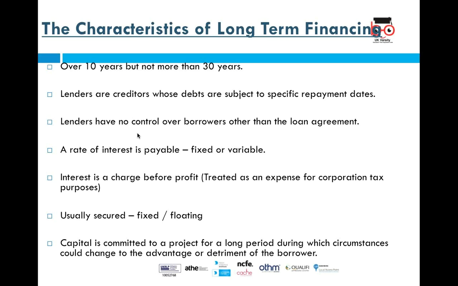Sometimes the agreement says that after 5 years or 10 years, the rate of interest will be reviewed against the current market, because there is inflation, rising purchasing power, and rising supplier prices. So the rate of interest can either be fixed or variable.